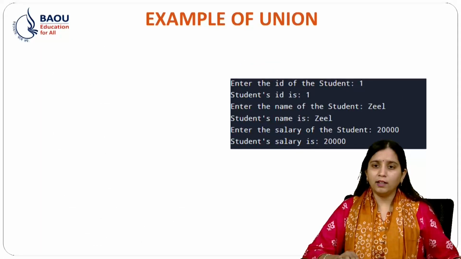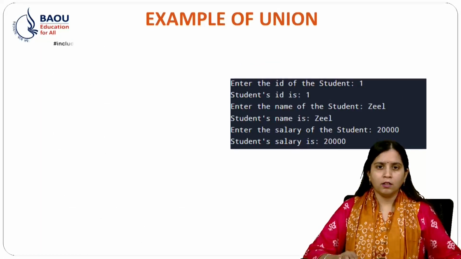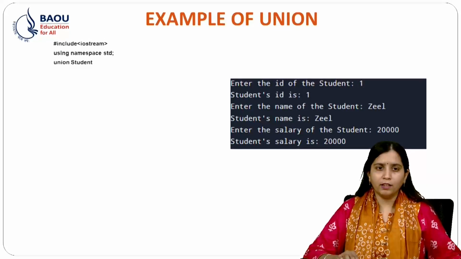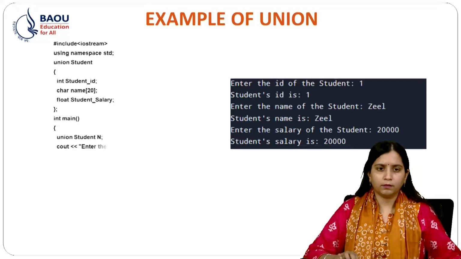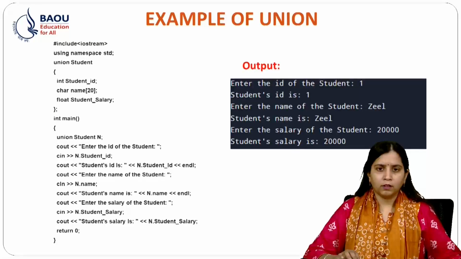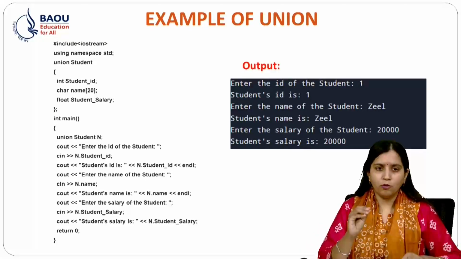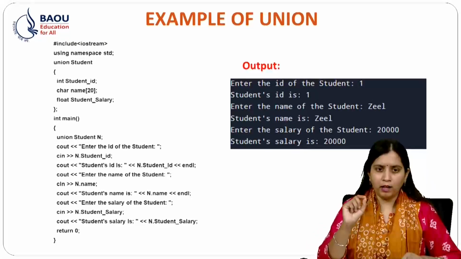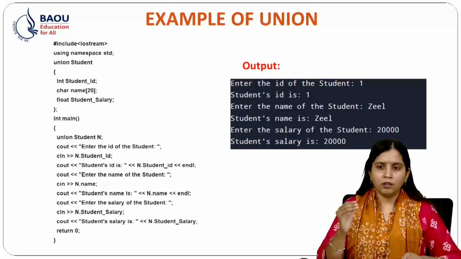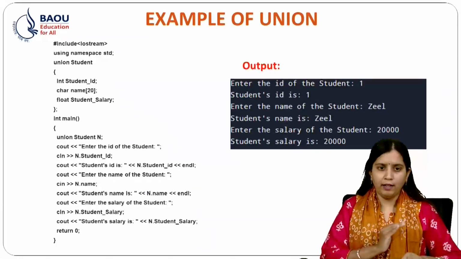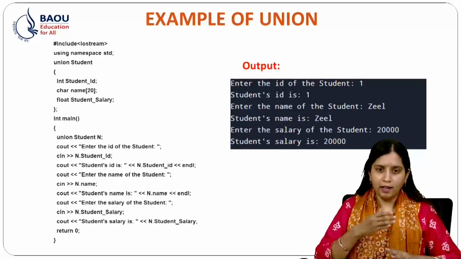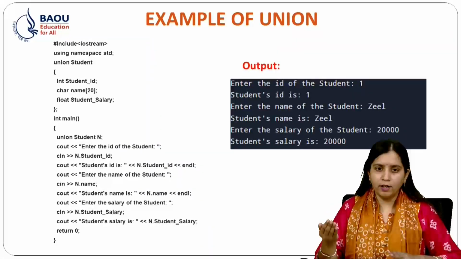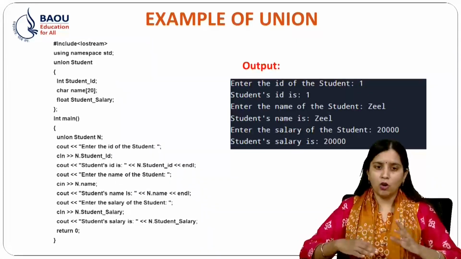So another example of union is, what I have done over here is after using one student id I have fetched student id. After that I again ask for a student name and so on.